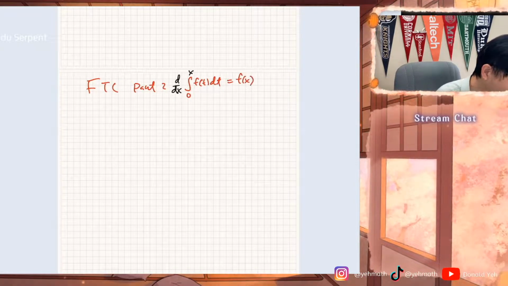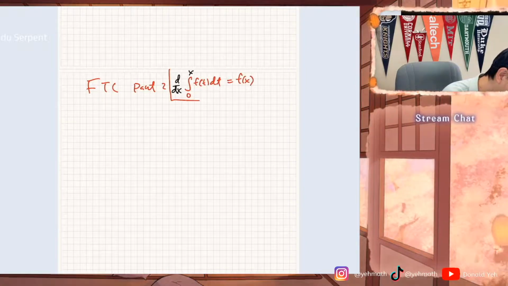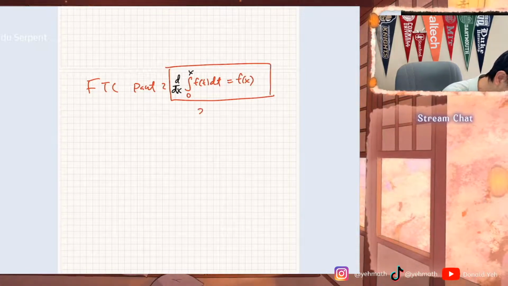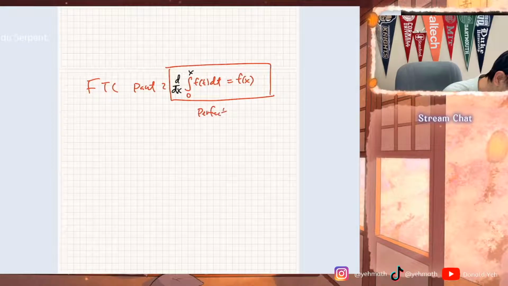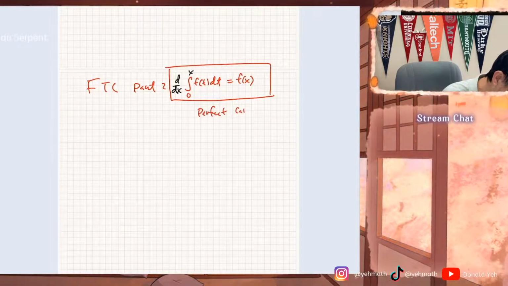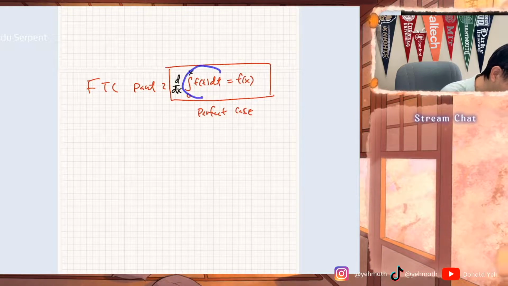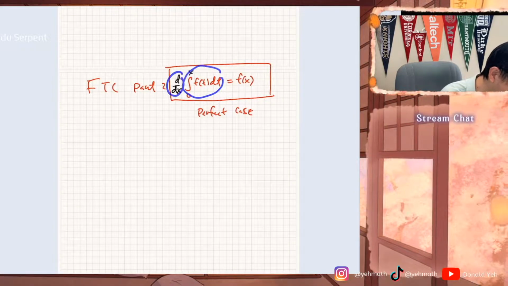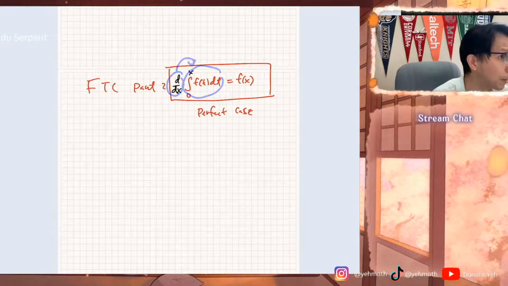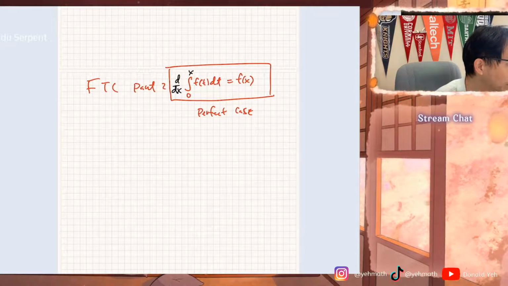And we talked about this being a perfect case. Why? Because this is fundamental theorem part 1 and this is part 2. Take the derivative of part 1 and it becomes part 2.